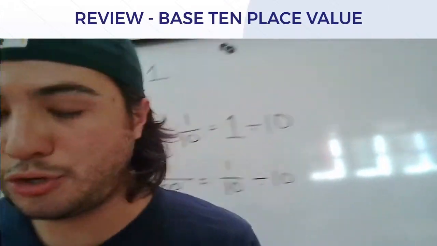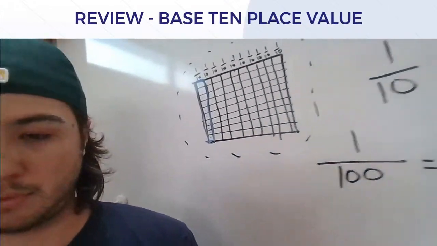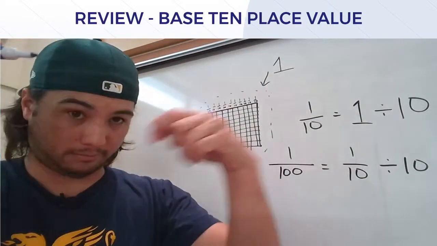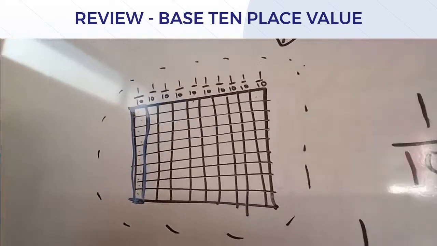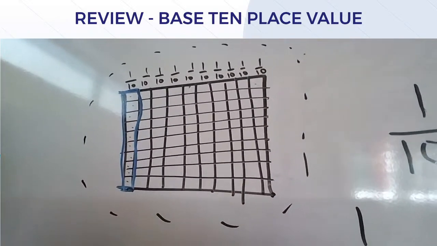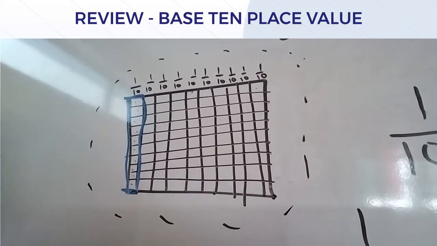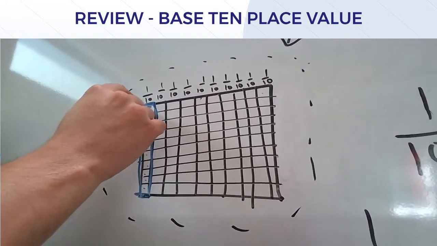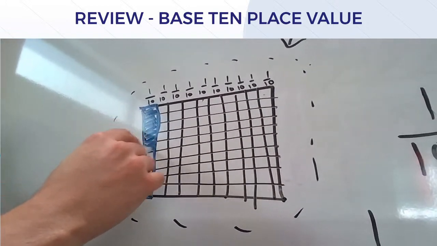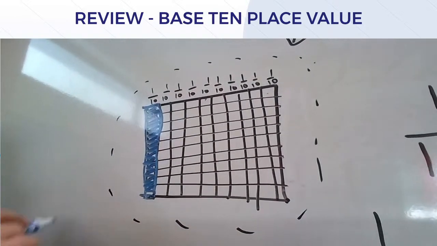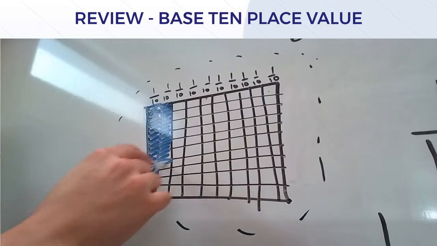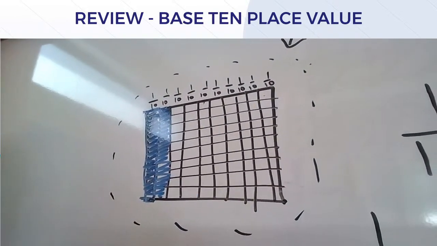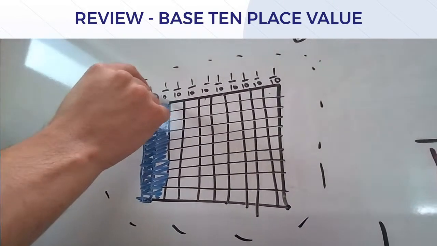So we had 2/10 plus 5/100ths. So let's color in 2/10. And let's color in 5 extra hundredths.